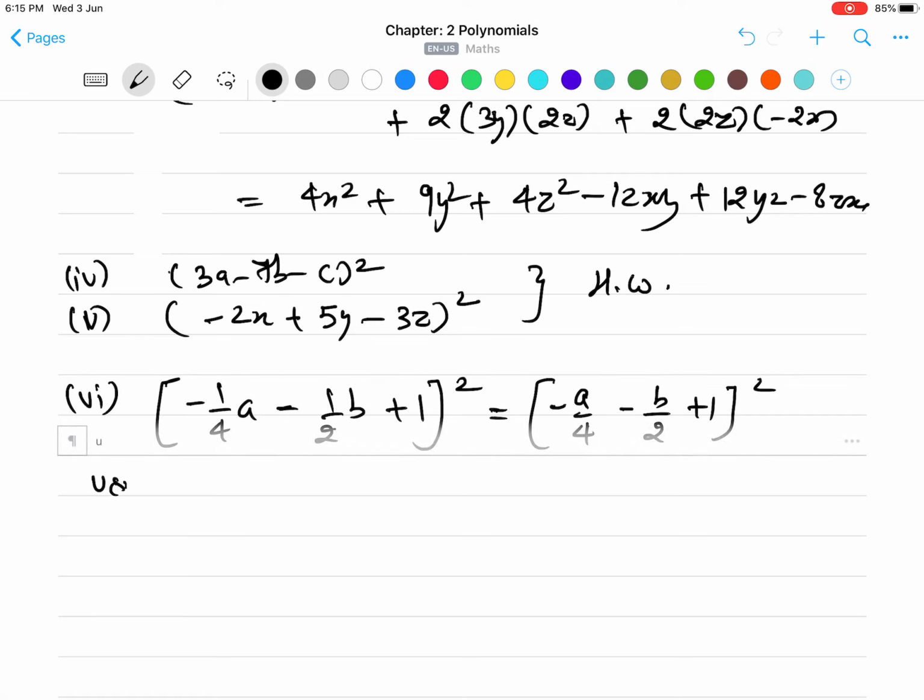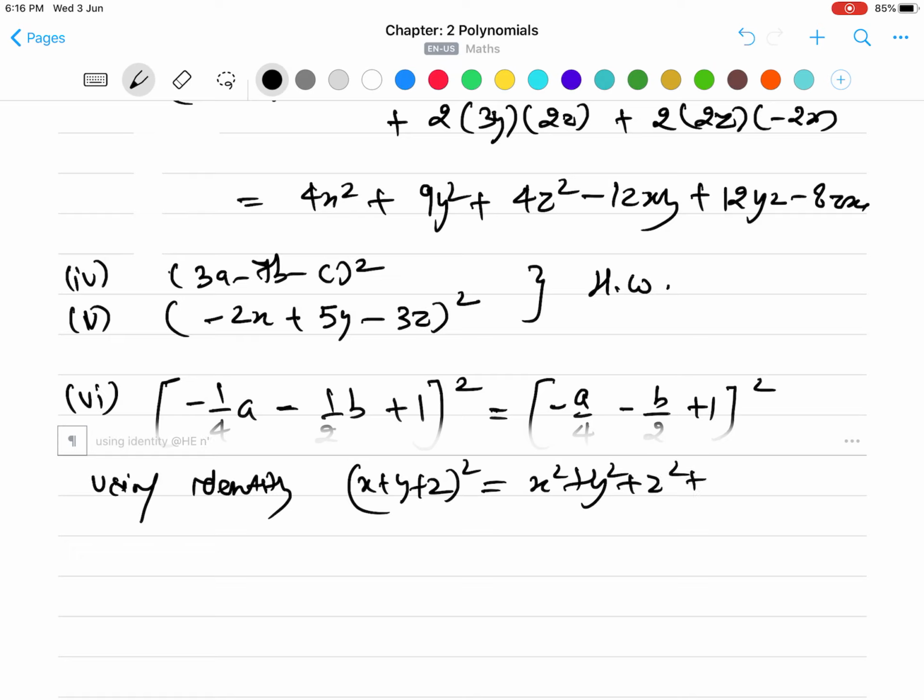So we'll use the identity x plus y plus z whole square, which is given by x square plus y square plus z square plus 2xy plus 2yz plus 2zx.